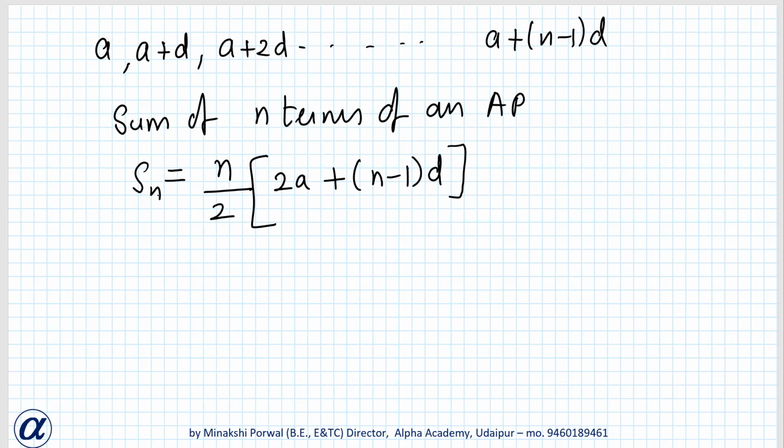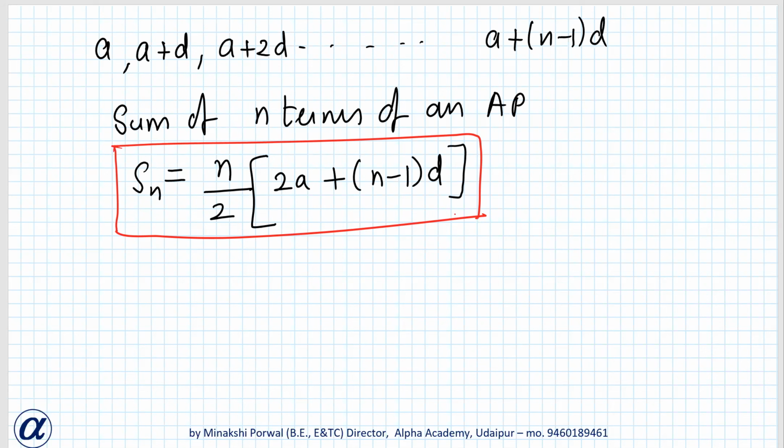Sn is the sum of n terms of an AP. It is given by n by 2, 2A plus n minus 1 D.